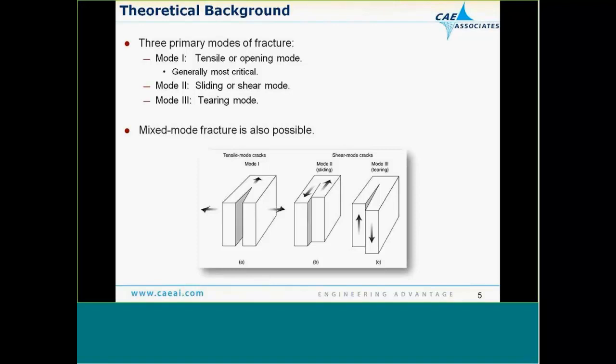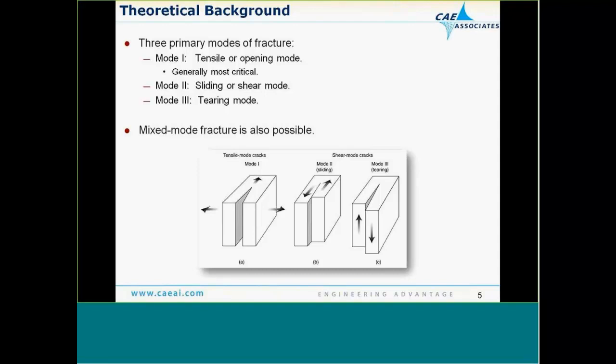Notice that there are 3 different modes, and you can calculate 3 different stress intensity factors at a crack tip. Mode 1 is typically the one most people are interested in. It's where you pull the thing apart, a tensile mode crack. There is mode 2, sliding, and mode 3, kind of the tearing out of plane.